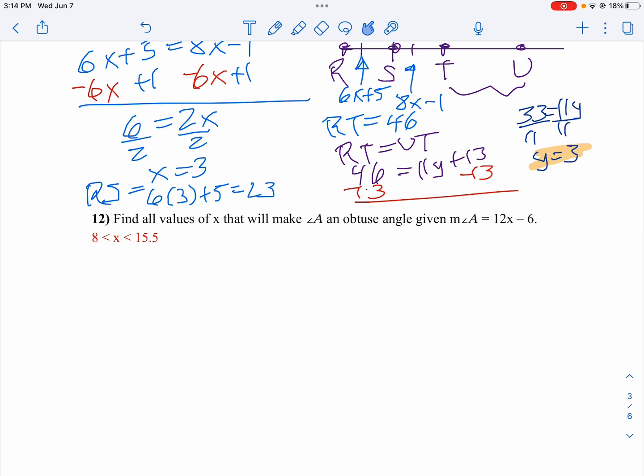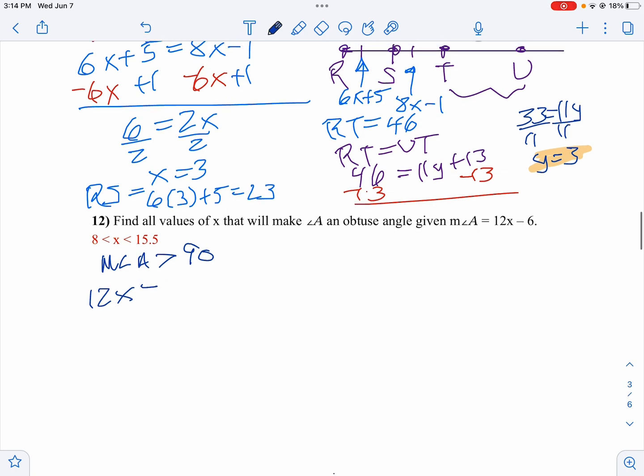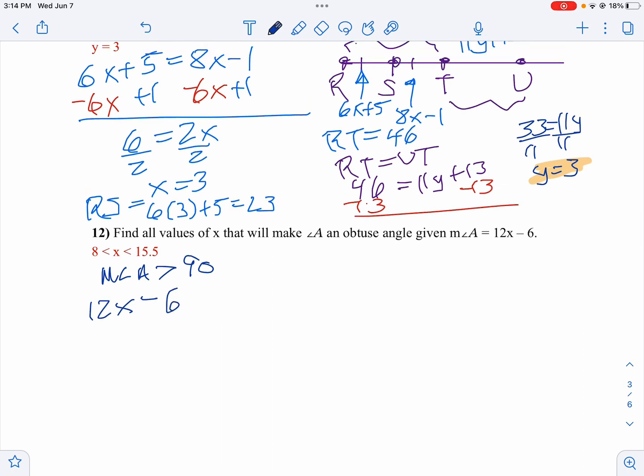Circle your answer. Now, on question 12, what makes an angle obtuse? An angle is obtuse if it's greater than 90 degrees. In other words, the measure of angle A has to be greater than 90. Or, we're going to say 12x minus 6 has to be greater than 90.